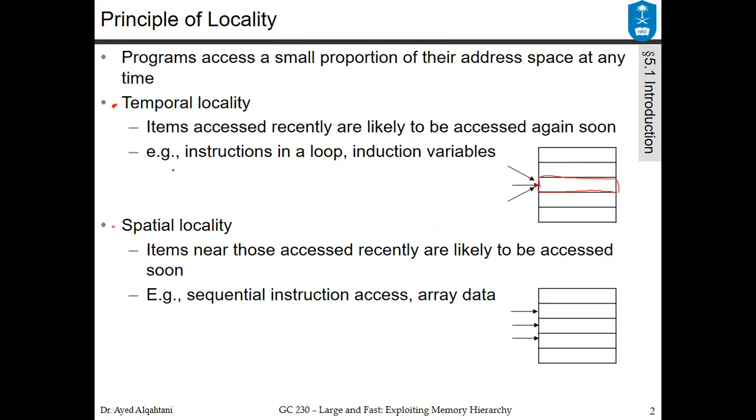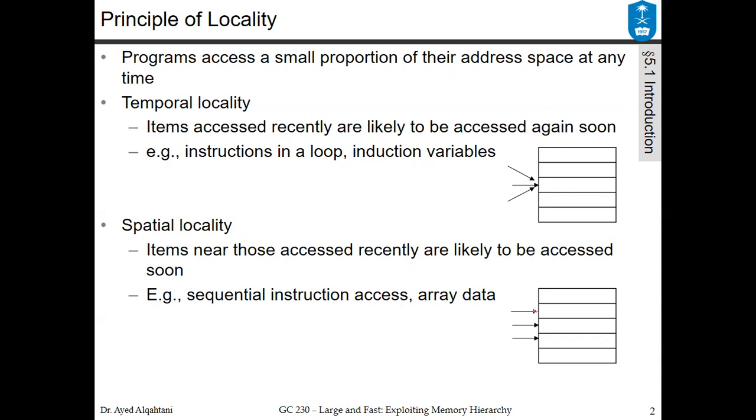So, for example, instructions in a loop or induction variables, you tend to access them again and again. Spatial locality means items near those accessed recently are likely to be accessed soon.